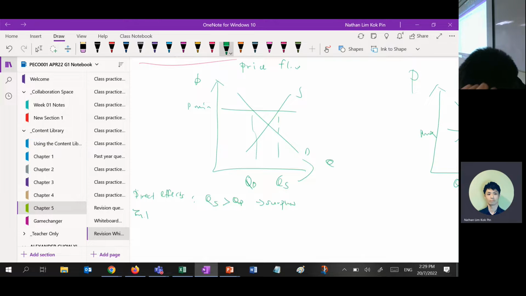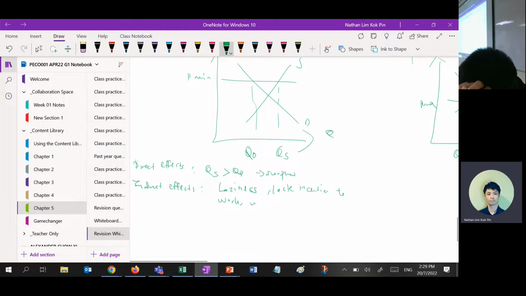The indirect effects: laziness, lack of incentive to work, underground market. Okay.